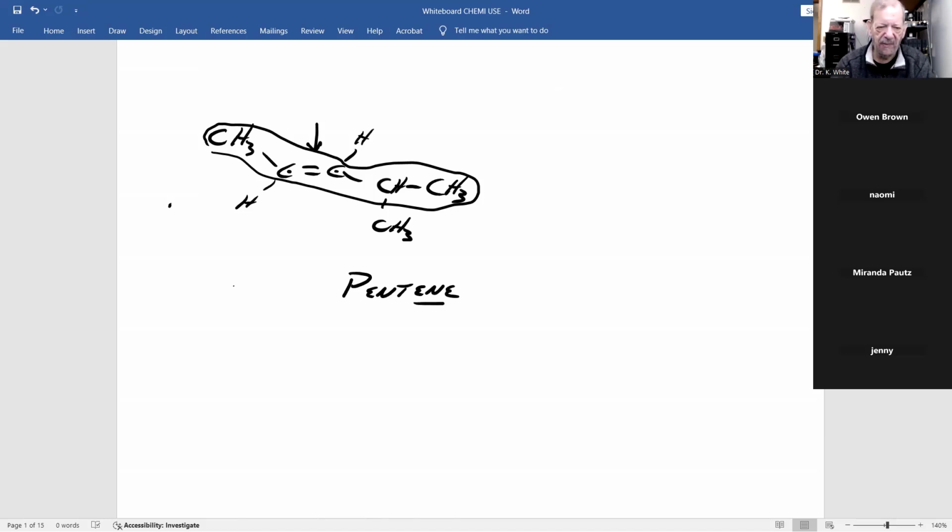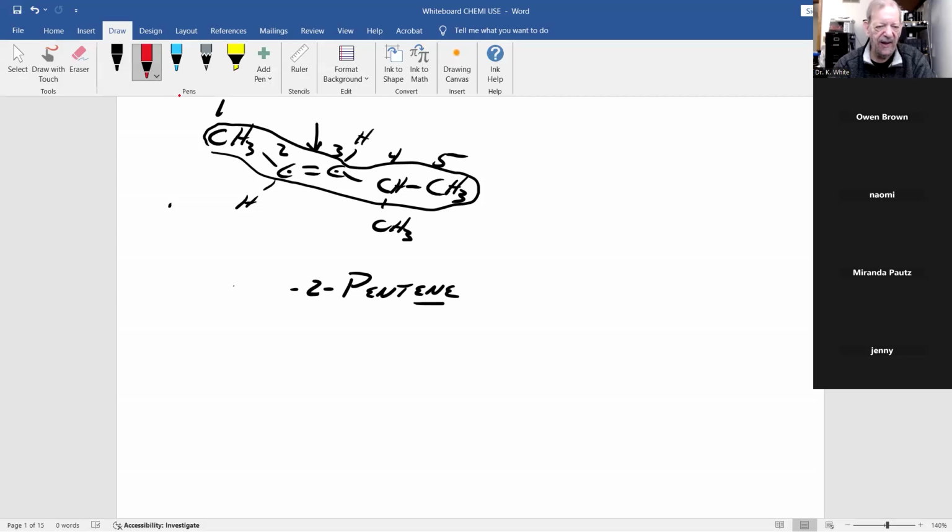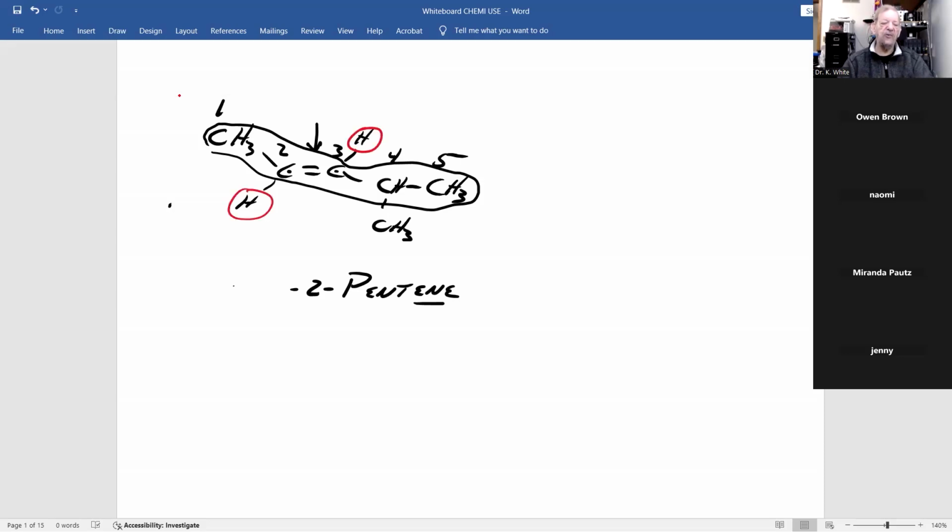Now, the carbon of the double bond closest to the end of the chain gets the lowest number, which is this carbon. So that means I'm going to start numbering 1, 2, 3, 4, 5. And the lead carbon of the double bond is carbon 2. So it's 2-pentene. Now, if you notice on each carbon of the double bond, we have a hydrogen. So we can have cis-trans isomerism.